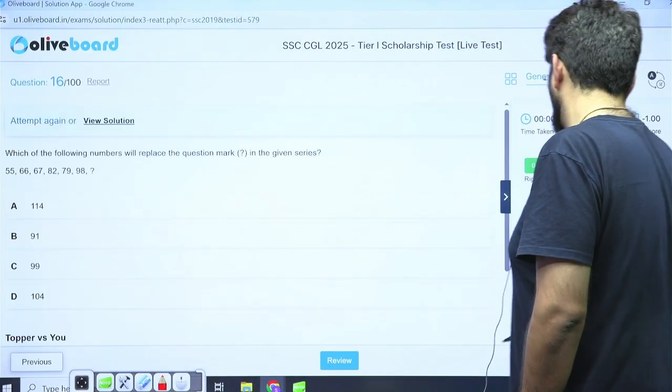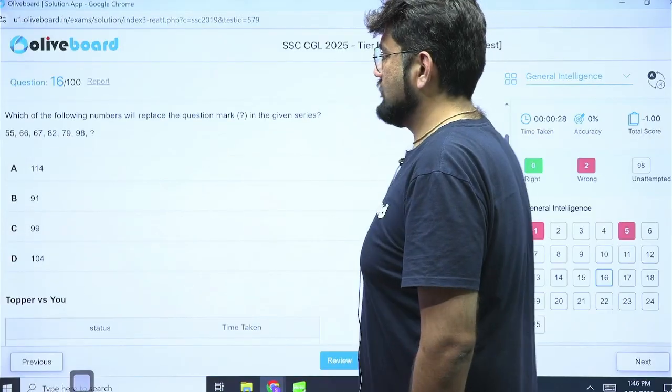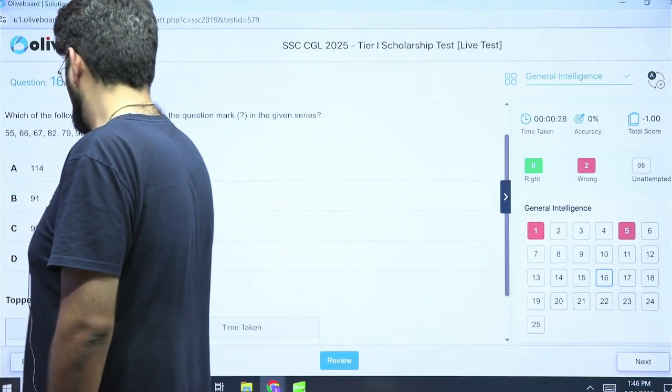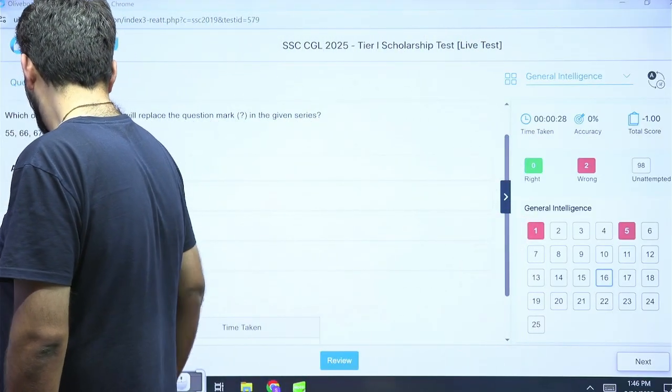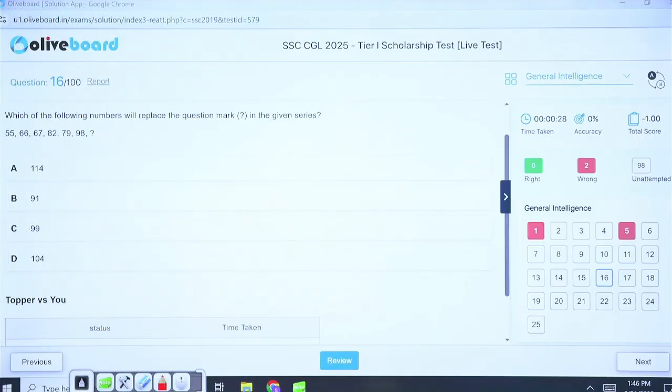Question number 16. Number series based. Now, if you observe this carefully, there is some anomaly in the difference.